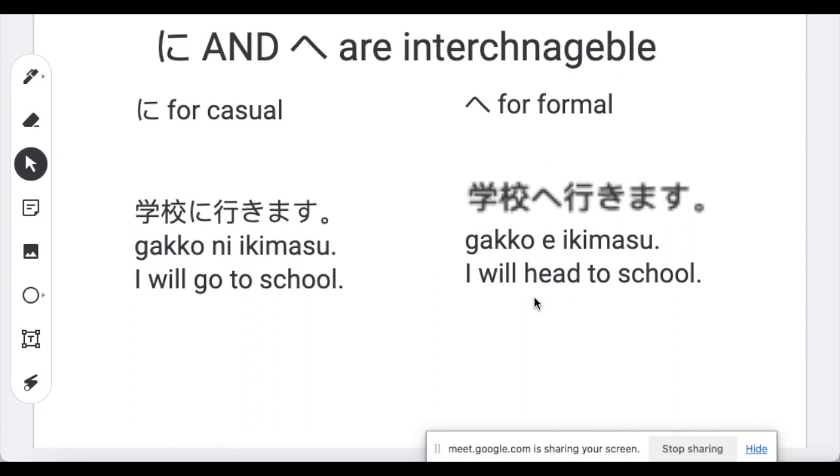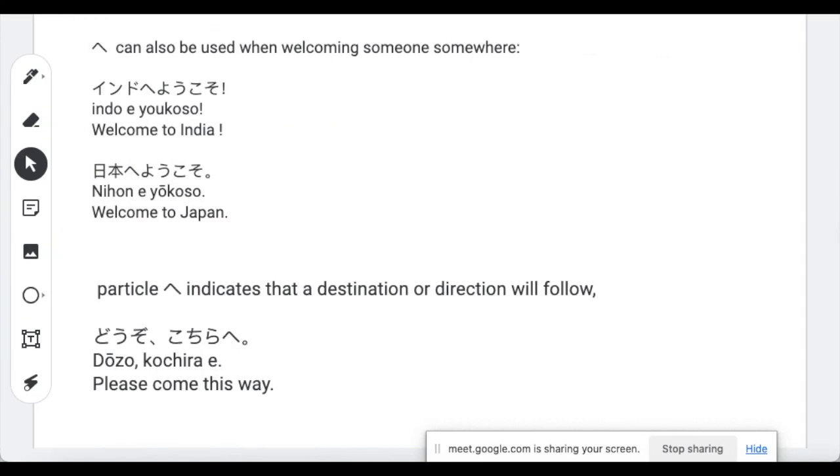But when it comes to a particular article or newspaper, there must be the use of e, the formal way, versus the casual way. So this is all about e and ni. Hope you understand.